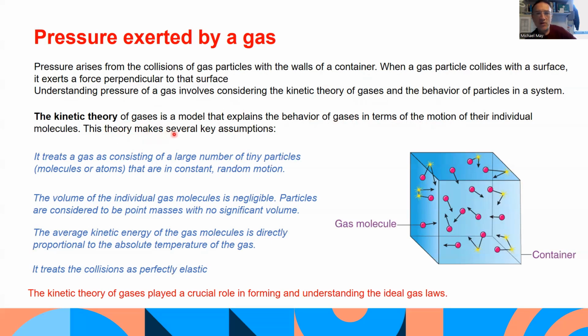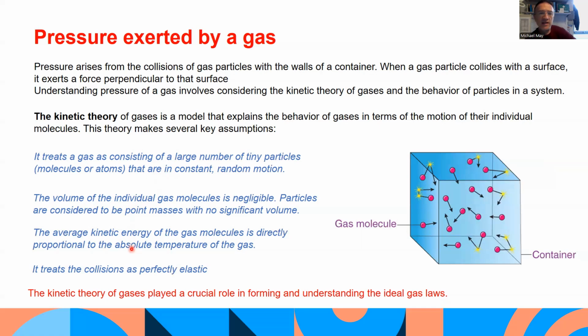This theory makes several key assumptions. It treats a gas as consisting of a large number of tiny particles, molecules or atoms, that are in constant random motion. The volume of the individual gas molecules is negligible. Particles are considered to be point masses with no significant volume.